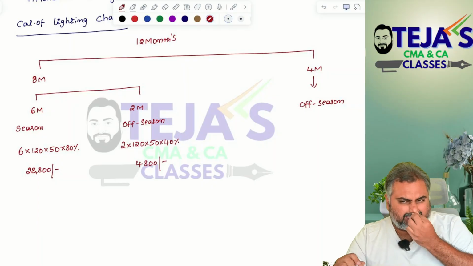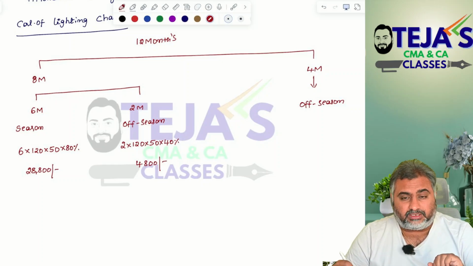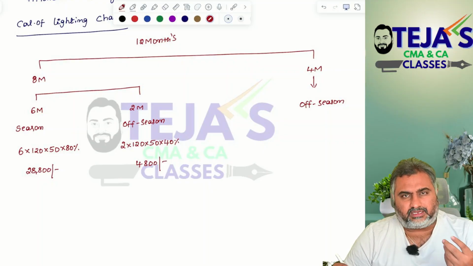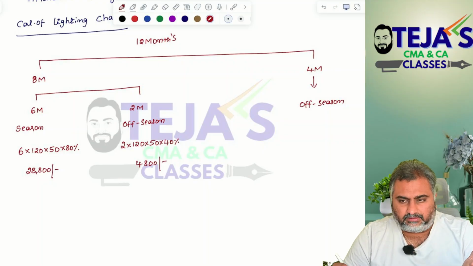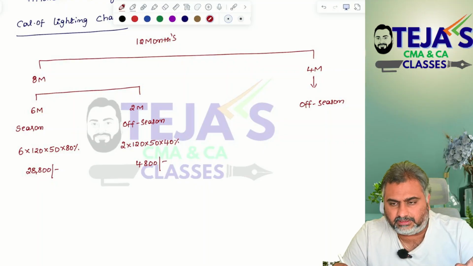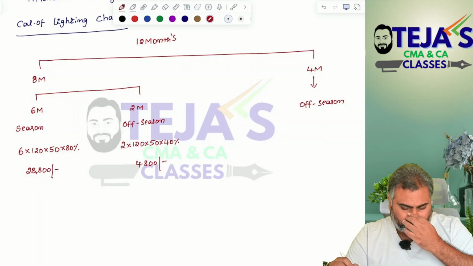Why are you considering 6 months as season and not off season, from the 8 months point of view? Because if occupancy is more, electricity consumption is more, and automatically you incur a higher electricity bill. That is the reason we go with the season point of view. There is no rocket science, just common sense that we are supposed to exercise here.